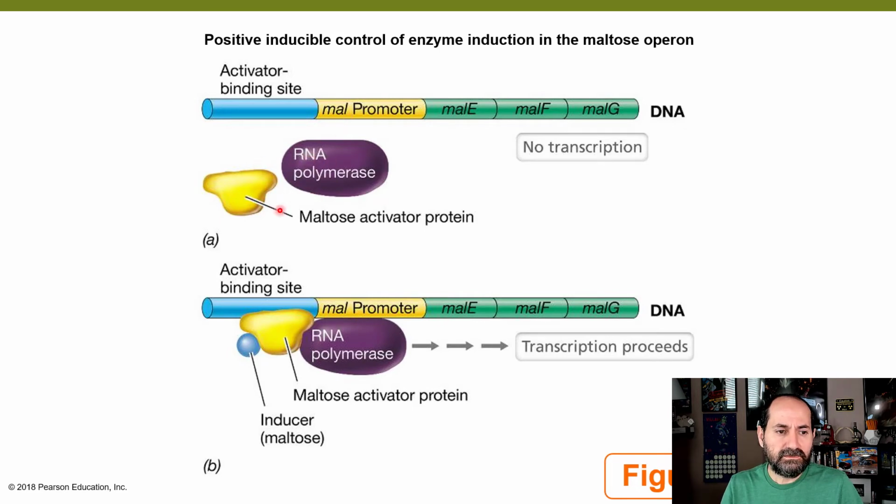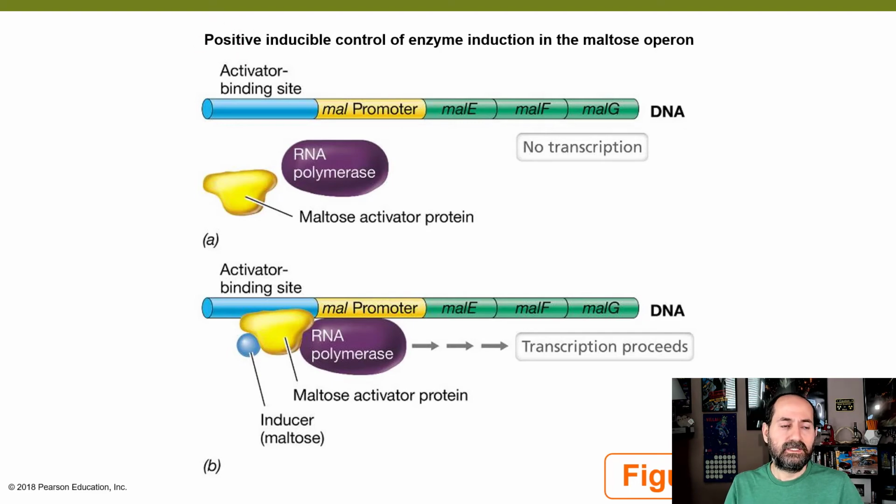But the maltose activator in this case is not active unless the inducer maltose is around. So this is an example of what? It's an example of a positive inducible operon.